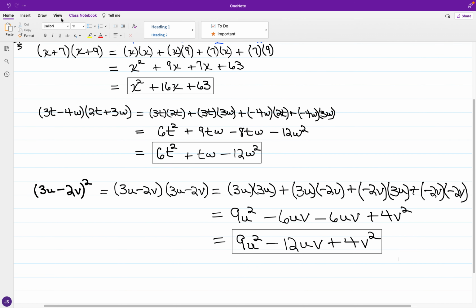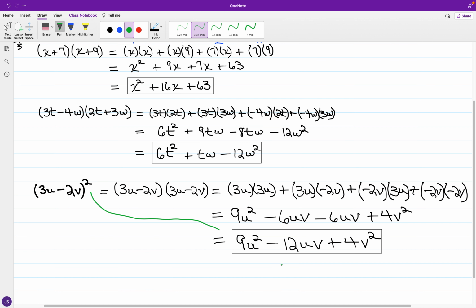Since I squared 3u minus 2v and yielded 9u squared minus 12uv plus 4v squared, we have a special case in this example.